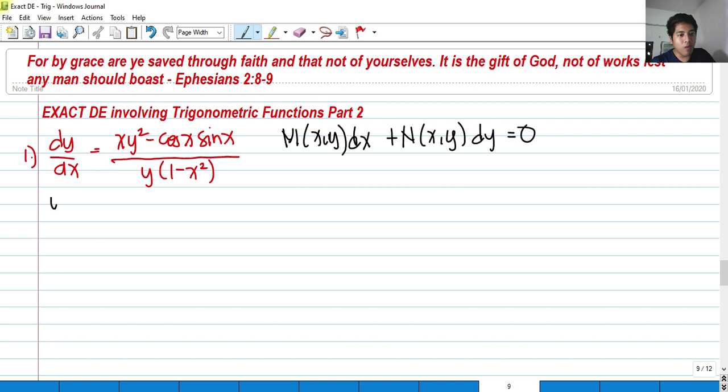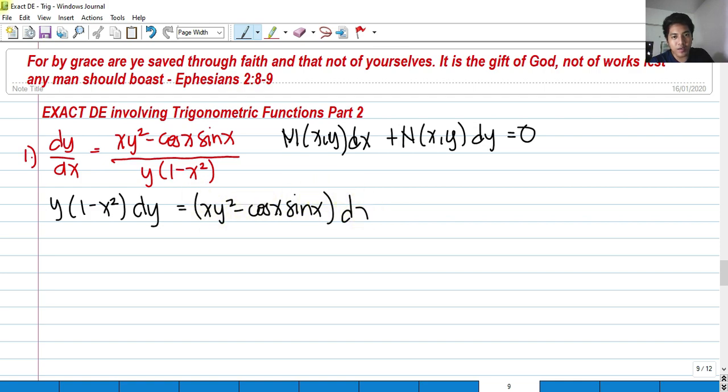So we have y times 1 minus x squared, we have the dy, and I can transpose this. Let's do it step by step. We have xy squared minus cosine of x sine of x multiplied by dx here.